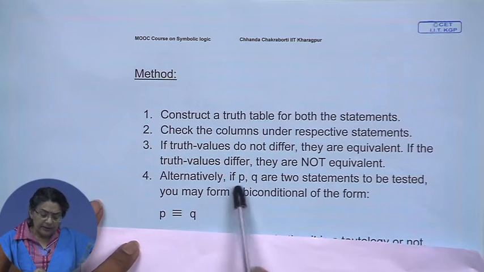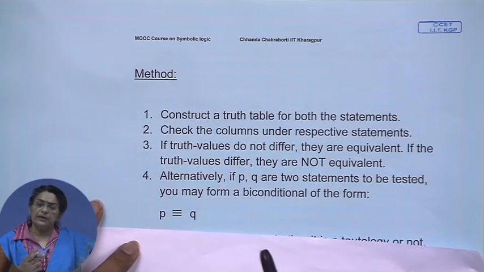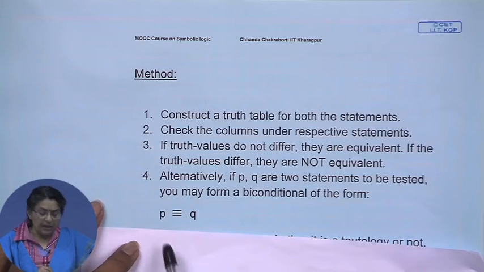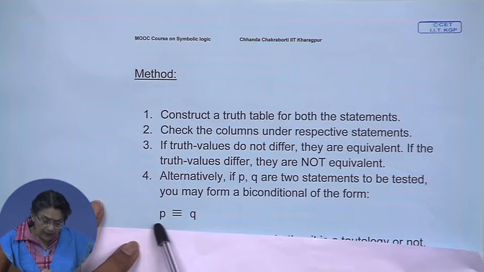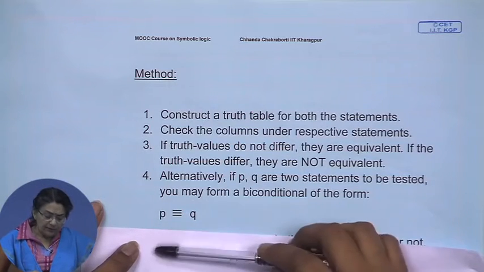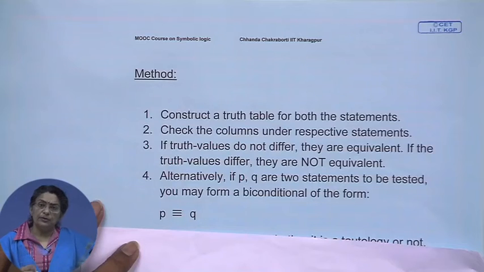Just remember that the P and Q themselves might be rather complex compound propositions, as we will see in some of the examples, but that should not deter you. Treat the whole complex compound statement as your P, and the other one you treat as Q, and try to form this P triple bar Q biconditional out of that.